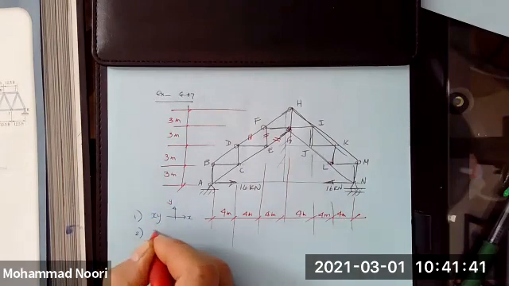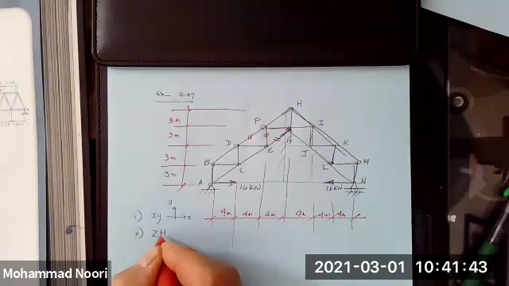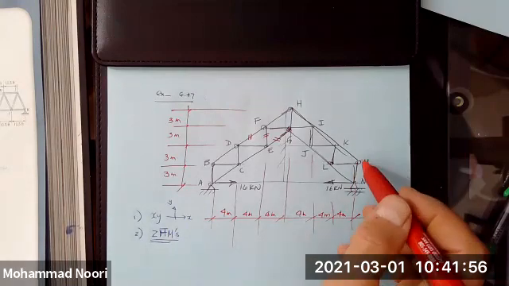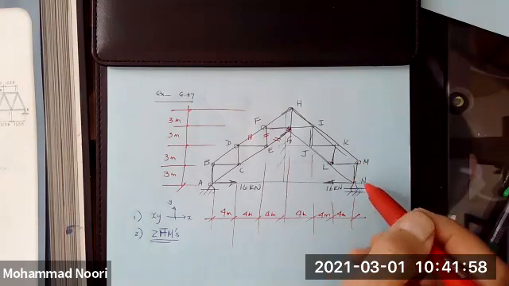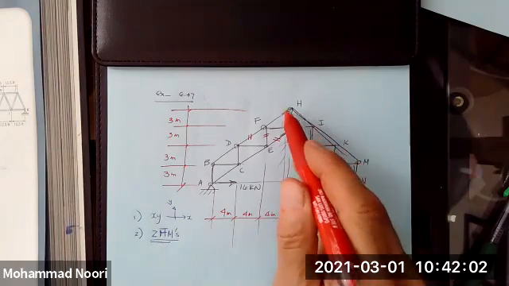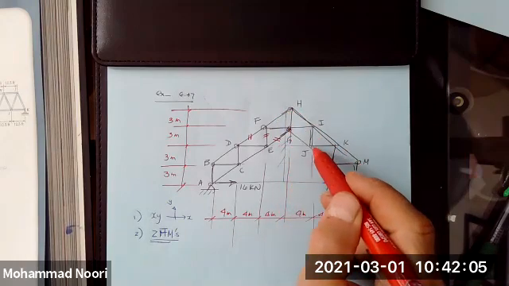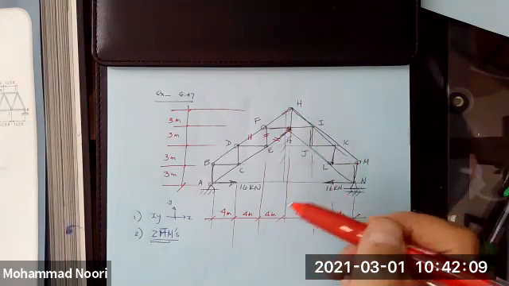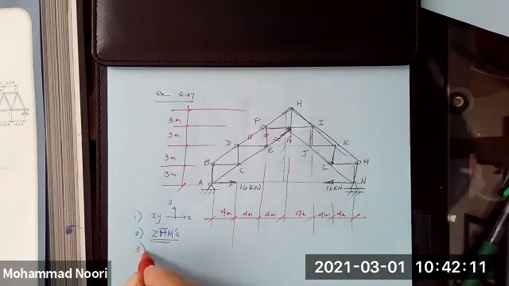Step 2, zero force members. Do you see any zero force members here? I don't, because I don't see a joint with 3 forces where 2 of them are collinear. Every joint I see here either has more than 3 forces or, for instance, here, they're not collinear. So that's gone.